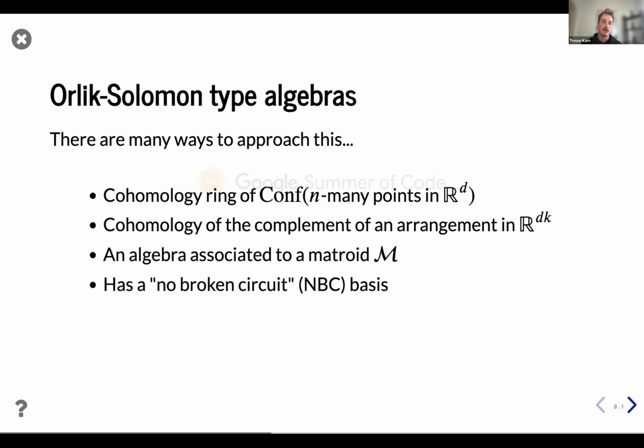So a set can contain a broken circuit or it cannot, and if it does not, we'll call that a no broken circuit set. That is the basis for these Orlik-Solomon type algebras. Maybe the multiplication relations will change depending on how d changes, but in general, we'll look at things that have a no broken circuit basis.